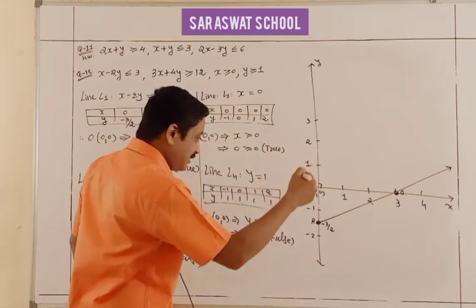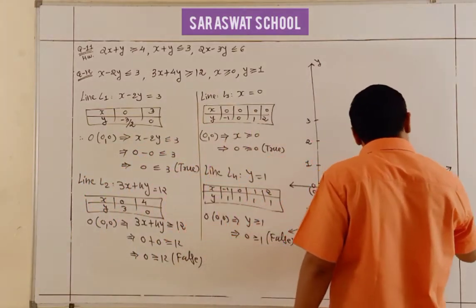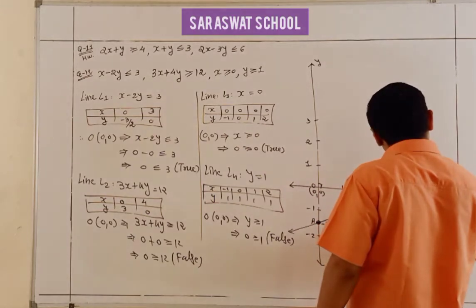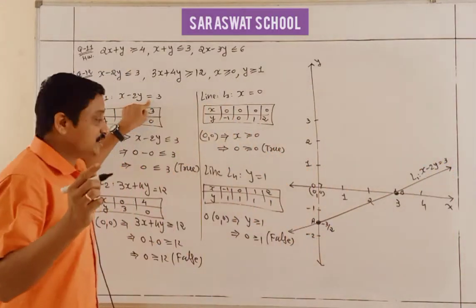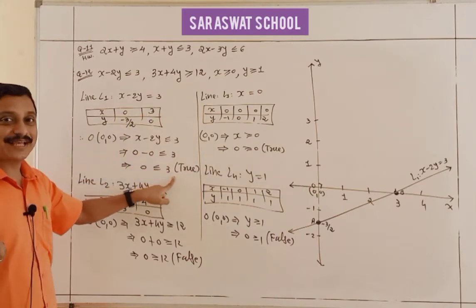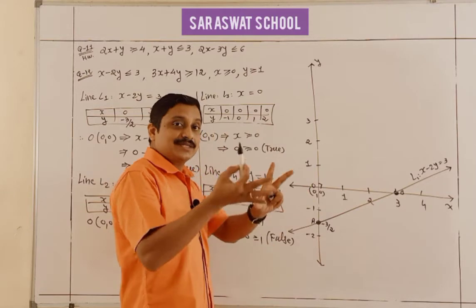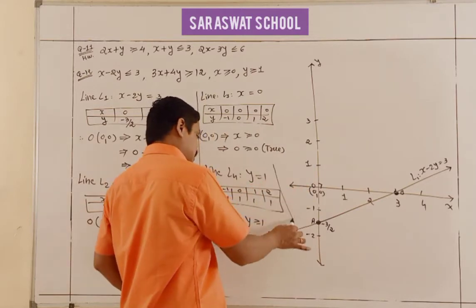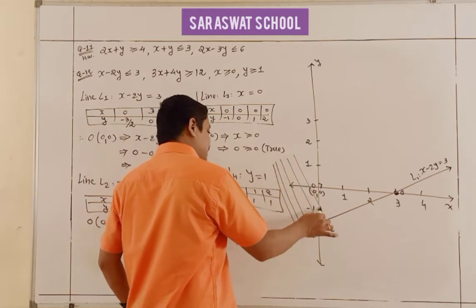This is line AB, and the line is ready for L1: x minus 2y equals 3, and the shading portion is on 2 sides. It means, students, this is your origin. You go to this side, that side I am moving ahead with my shading portion.